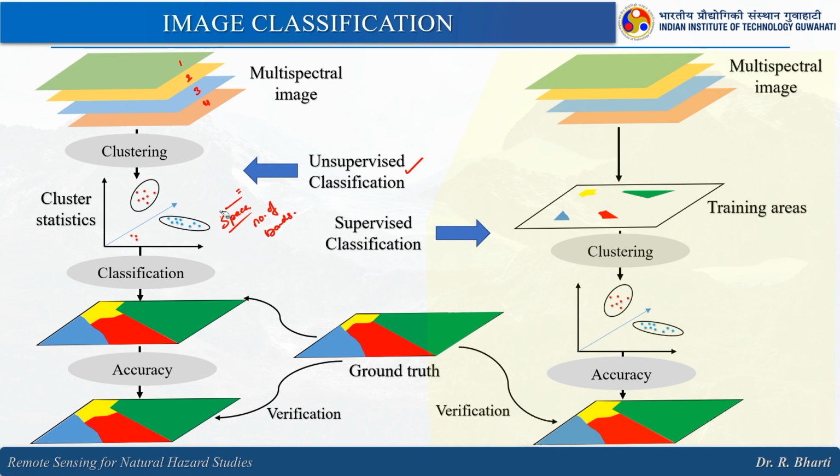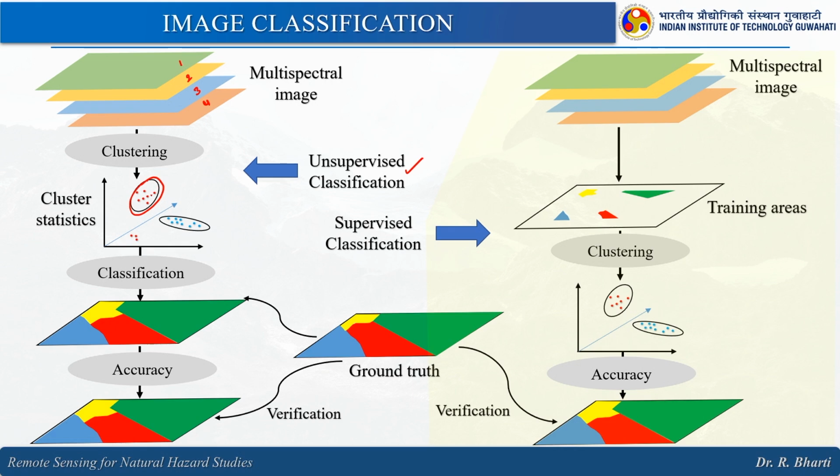So, when we plot band 1 versus band 2, then we will have a few clusters, right, because similar objects will have similar digital number or reflectance or radiance or maybe emittance, and that will be used to generate this kind of cluster.